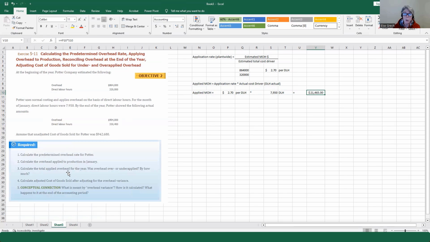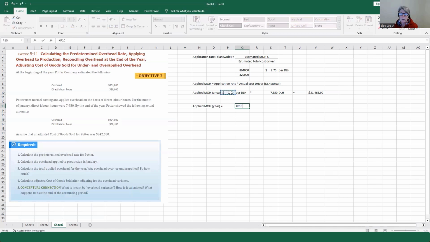Calculate the total applied overhead for the year. So don't forget, this was applied manufacturing overhead for January. Now we want the applied manufacturing overhead for the year. We're going to do the same thing. We're going to take the $2.70 per direct labor hour. We're going to multiply it by the total direct labor hours for the year.